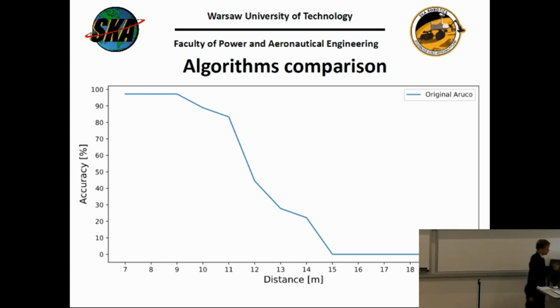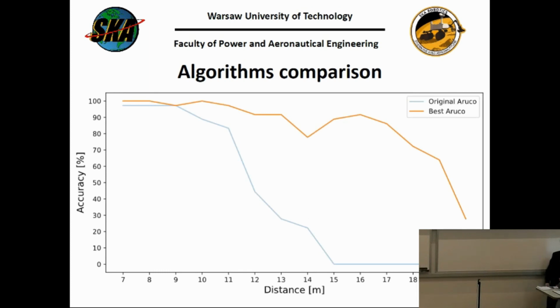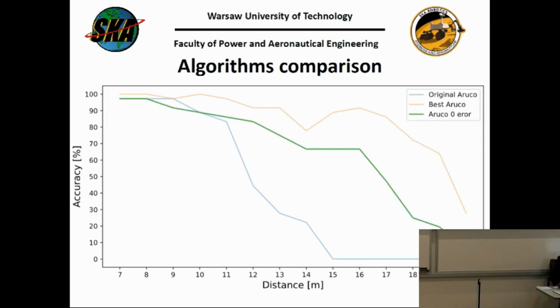But when I automatically optimized its parameters, it did much better. It could even detect markers at a distance of 20 meters. But with this requirement of zero error rate, that this algorithm couldn't make any mistakes, the accuracy dropped a bit.